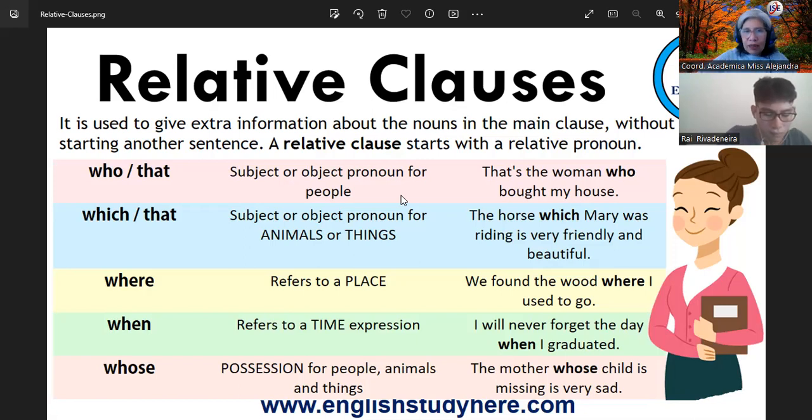Which or that for animals or things. Where for place. When for time, and whose for people, animals, and things when you talk about something that is possessed, something that is owned. For example, the girl whose name is Gina, or the student whose brother is my boyfriend.